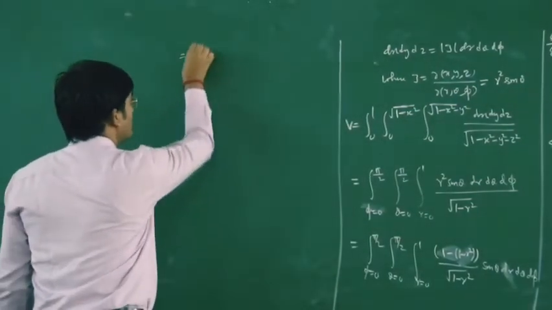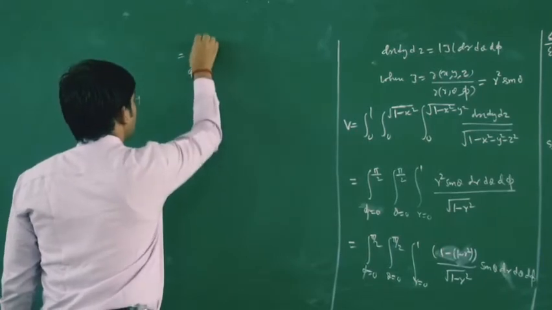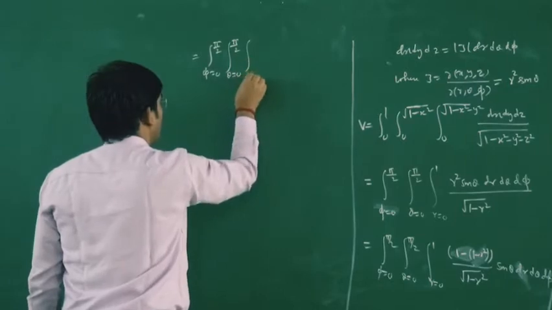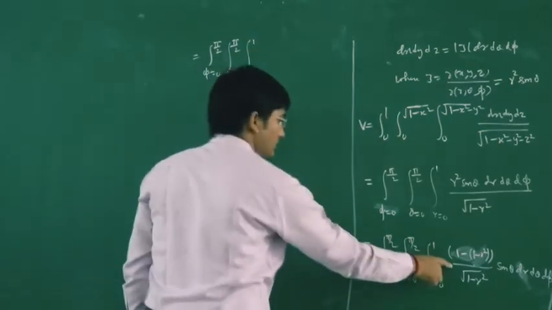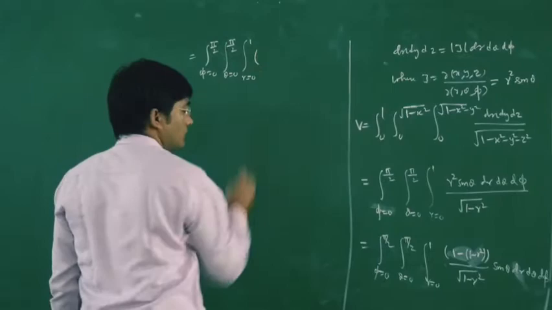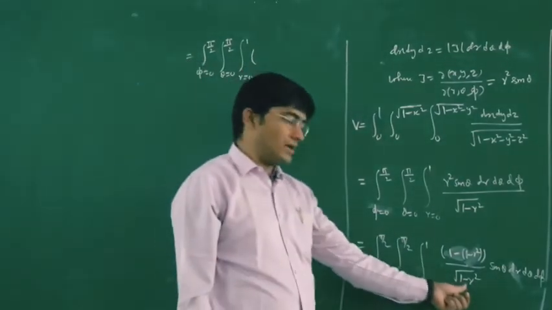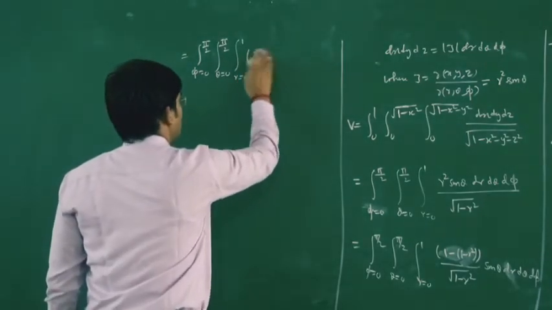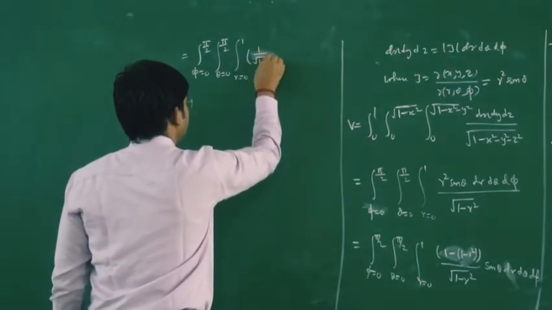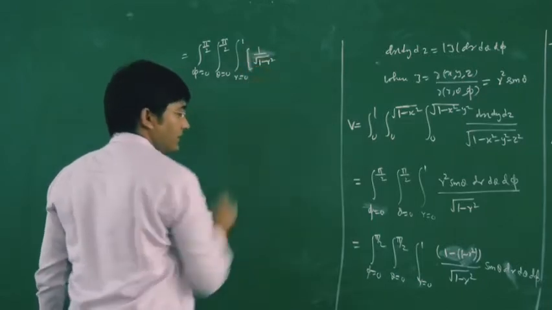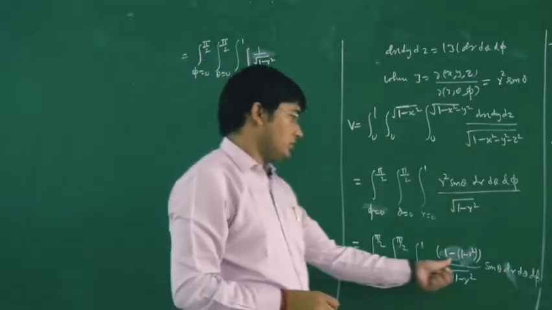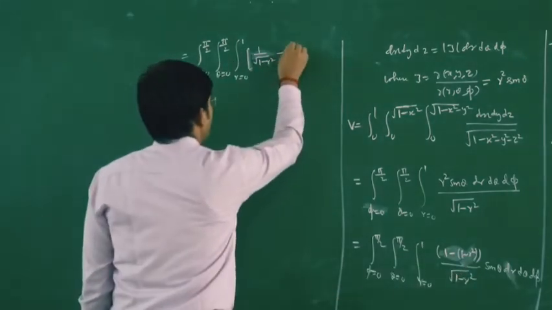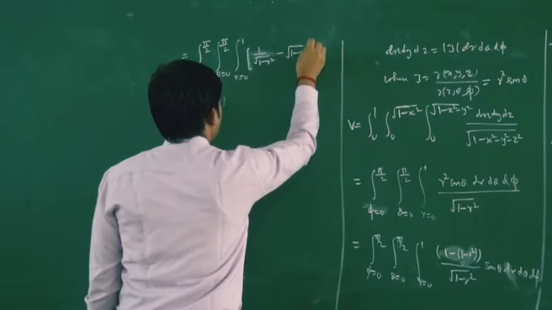So this is equal to phi from 0 to pi by 2, theta from 0 to pi by 2, then r from 0 to 1. Now this is 1 upon square root of 1 minus r square, and you can write it as 1 minus r square by square root of 1 minus r square, and the second term will be the square root of 1 minus r square.